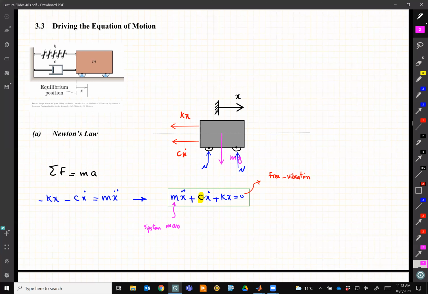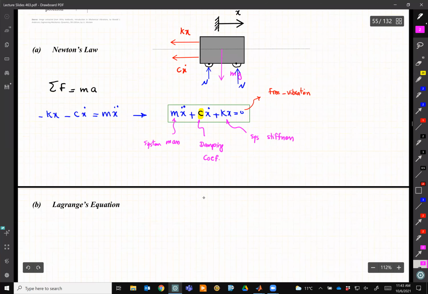You saw in some examples it is, for example, ml squared or something else. This is going to be the damping coefficient. And this is going to be the system stiffness. They can have any unit, but the values are constant, they are not changing.